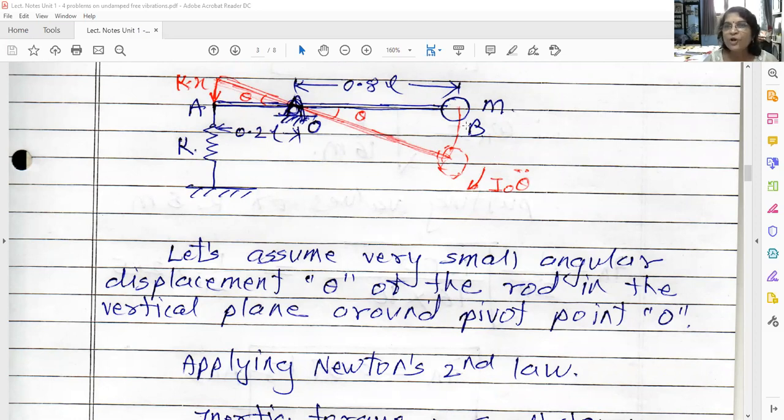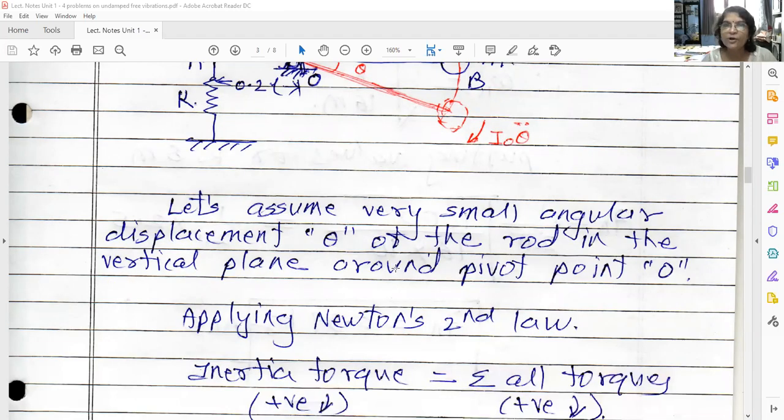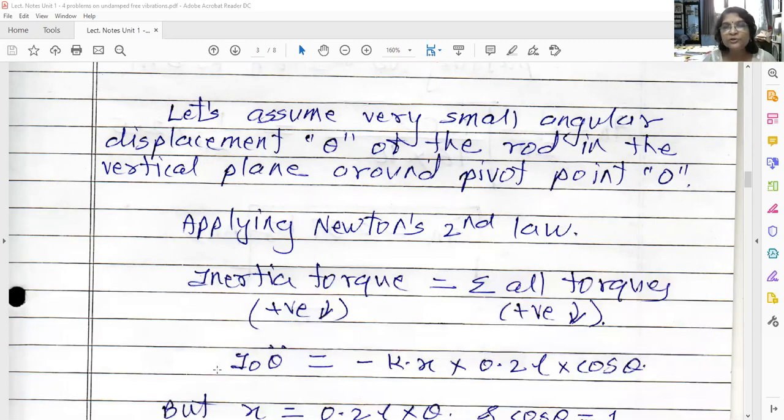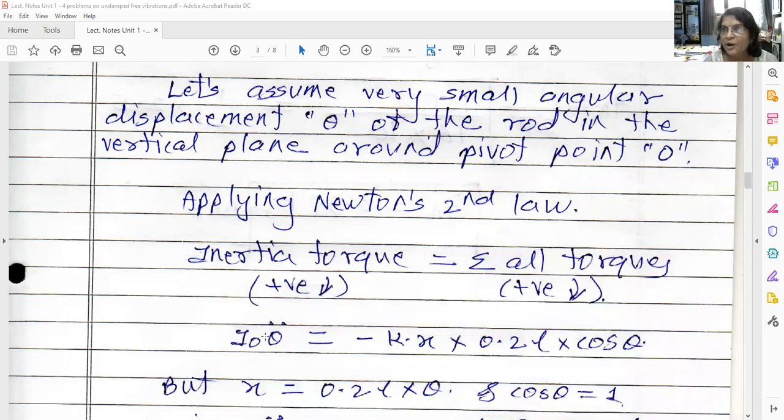As the rod is displaced by an angle theta in the clockwise direction, inertia torque will also act in the clockwise direction. So I_O theta double dot, the inertia torque, is equal to the remaining torques.